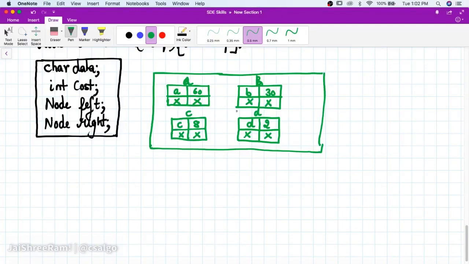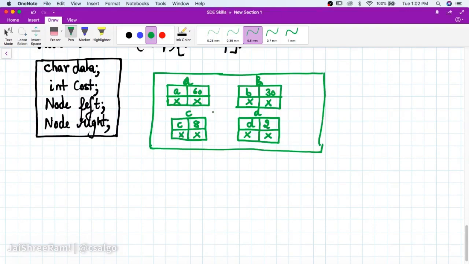So this min heap will store the information of all the nodes.